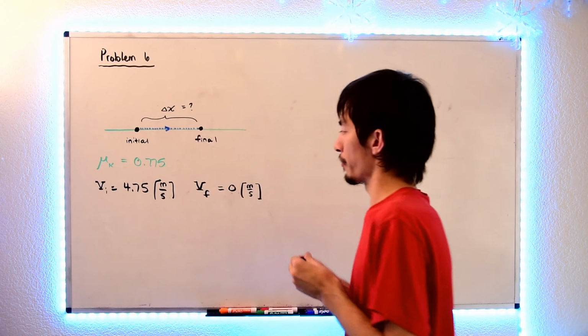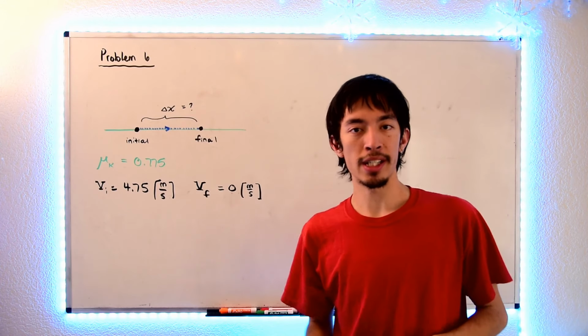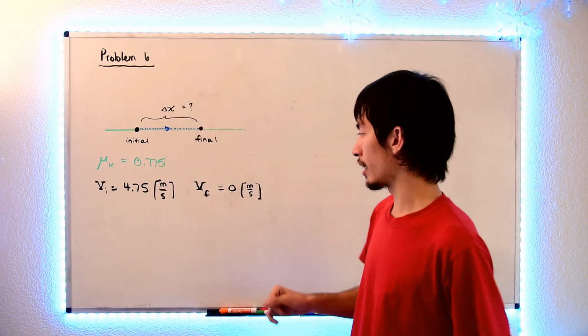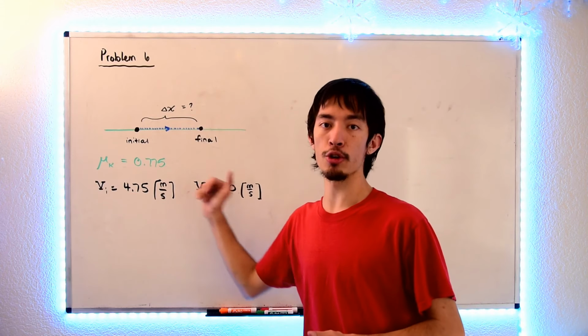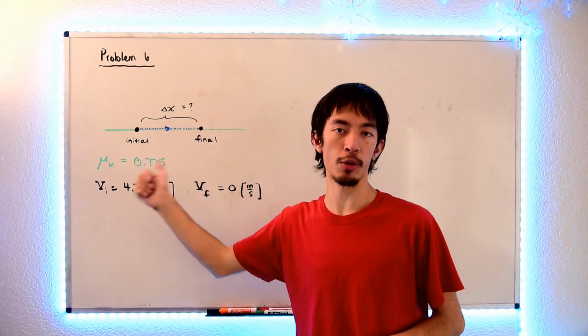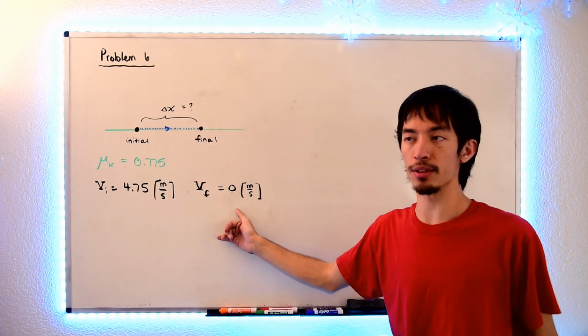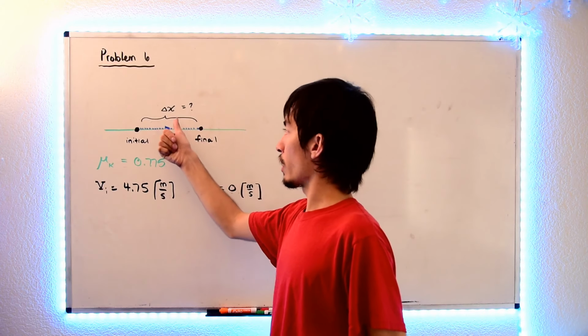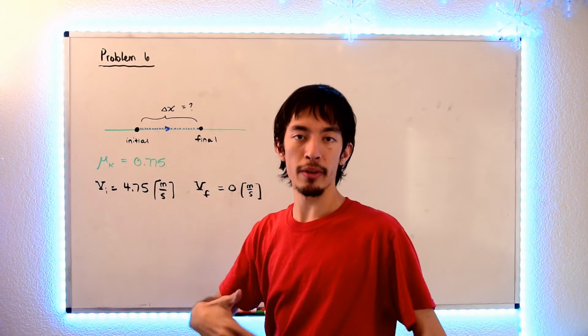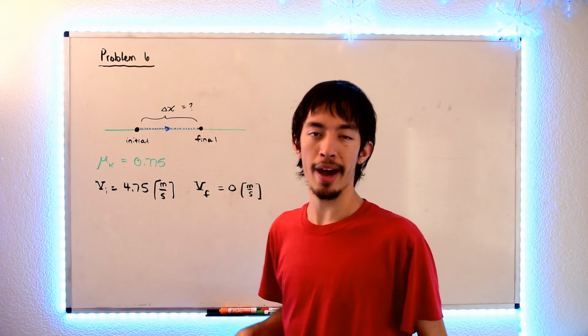Now, this problem has a very kinematics-like feel to it because we're given a lot of information about their motion, what they're doing at any given point. They're going this fast at the initial, and they're going this fast at the final. So both of the velocities are given. We're also trying to find a distance, which is going to be related to those velocities. That's another kinematics quantity.